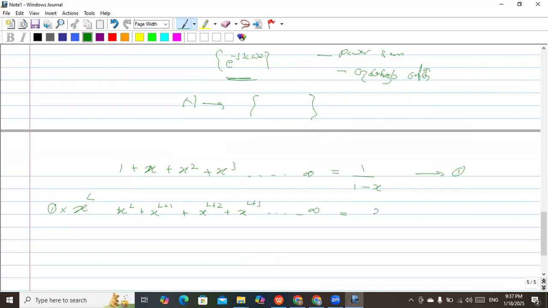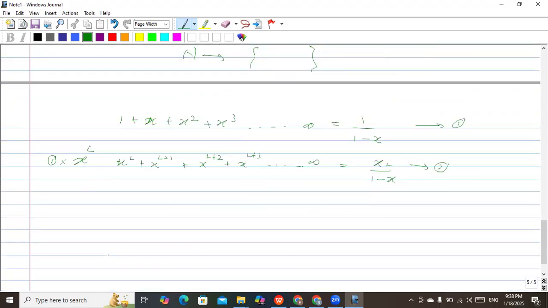So this will be XL over 1 minus X. This is the second. So what happens if I subtract 2 from 1?